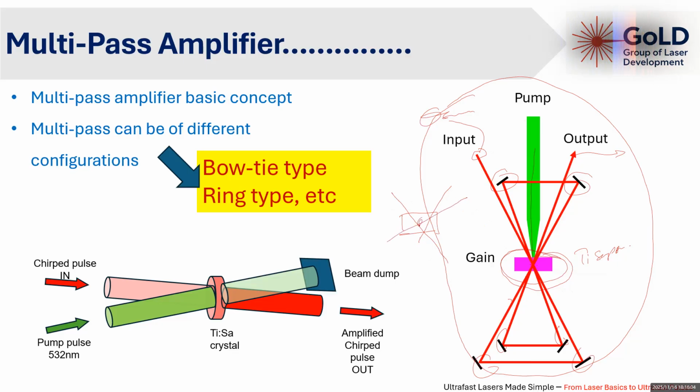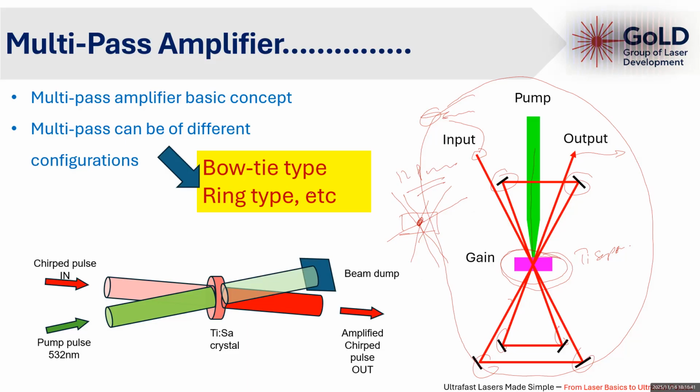No, if you have this point, then all pass through from here. This is the critical thing in amplifier alignment and design. It is not easy to make a beam pass through the same point of a crystal every time. This one is like 4 passes, but sometimes we need 12 passes or more. It depends on how much amplification we need.